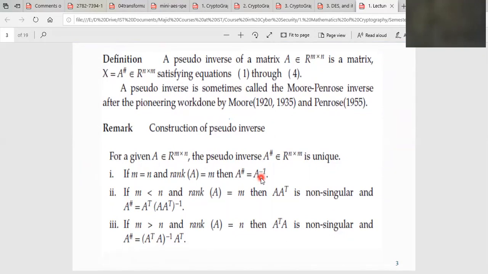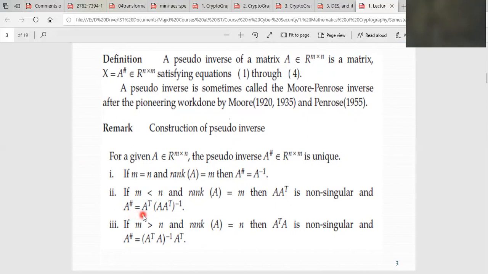If number of rows M is equal to N, means number of rows and number of columns are same, in that case the rank of A is M and the pseudo-inverse is same as the traditional inverse of a matrix. If number of rows is less than number of columns, then rank of A is M, then A into A transpose is non-singular. In that case, the pseudo-inverse is represented as in this expression.